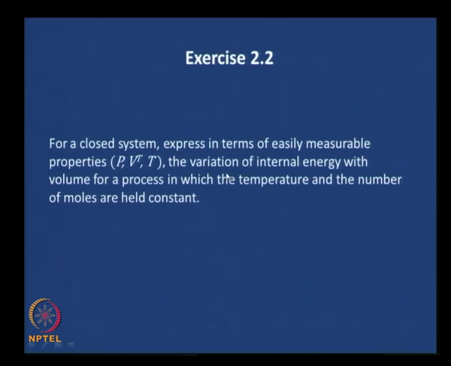Essentially we are looking for (∂U^t/∂V^t) at constant temperature and n_i. Please go ahead, you have about 10 minutes. I will come back in some time and present part of the solution.